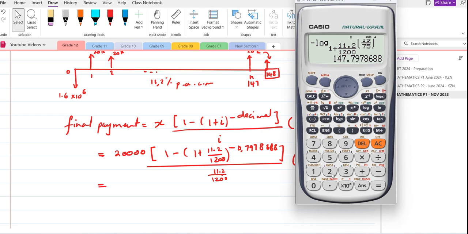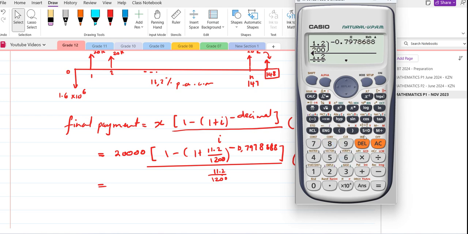So we got 20,000, and in the denominator we got 11.2 over 1200. Let's go back to the numerator. Single bracket, 1 minus, open bracket, 1 plus 11.2 over 1200 to the power negative 0.797888.